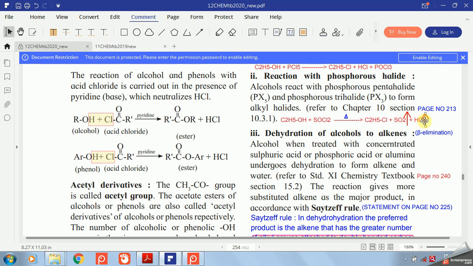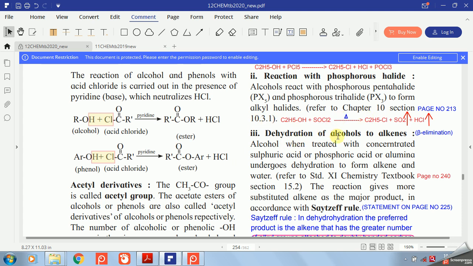Your HCl and SO2, they are in gas state, so they can easily be removed from the mixture and we get a pure C2H5Cl, ethyl chloride. This is the best reagent for preparation of alkyl chloride from alcohol, that is thionyl chloride, that is SOCl2. So this is about the reaction.